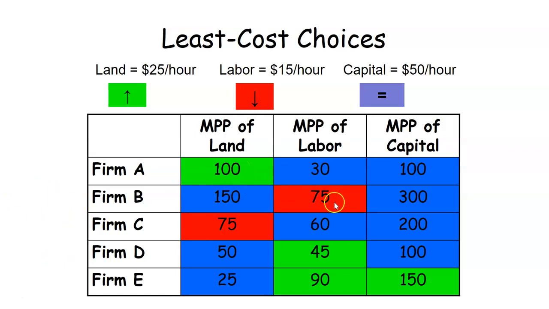Firm B, we wanted to use less labor. Firm C, we wanted to use less land. Firm D, we wanted to add more labor. Firm E, we could add more labor and capital, as I mentioned, or you could add more labor and less land to shoot for a middle ground point.